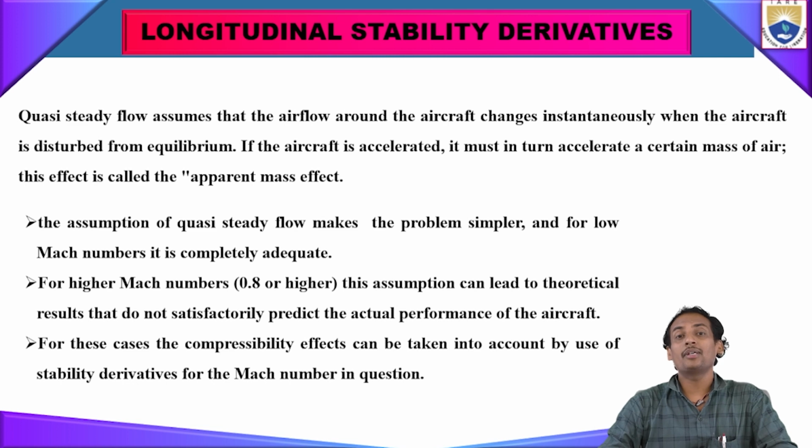So what is steady flow and what is quasi-steady flow, that we need to see. You have already seen these types of flows in your fluid mechanics course: steady flow, unsteady flow, rotational flow, irrotational flow, uniform flow, non-uniform flow, and one-dimensional, two-dimensional and three-dimensional flows. So what does steady flow mean?